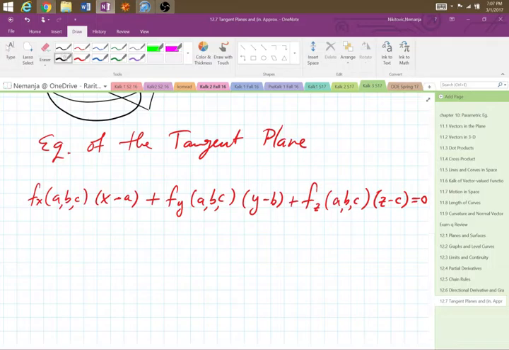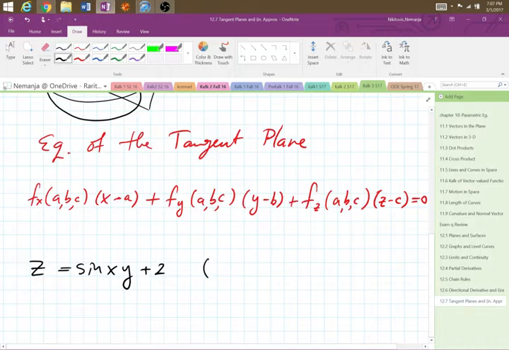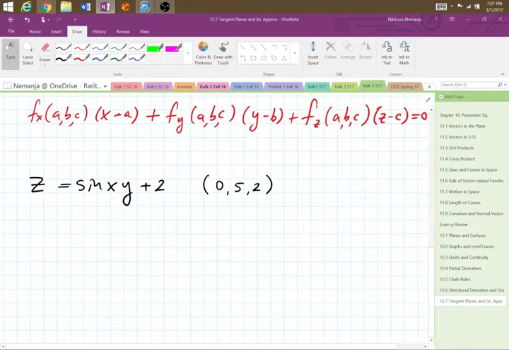Fine. Excellent. So z equals sine xy plus 2, at the point 0, 5, 2. So let's find the tangent plane for this surface.